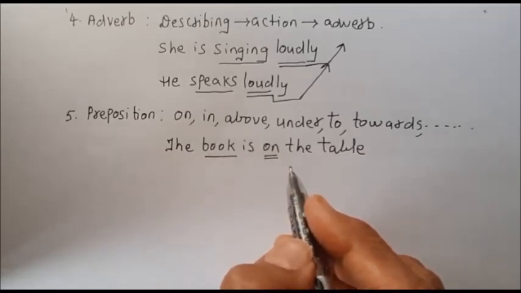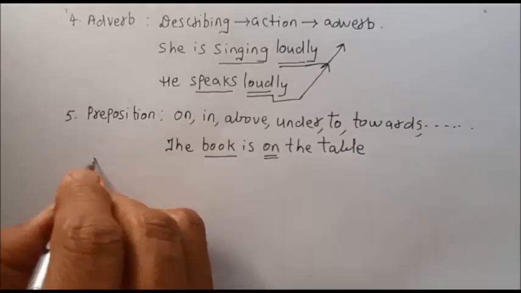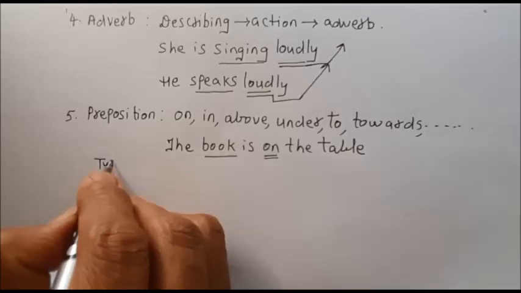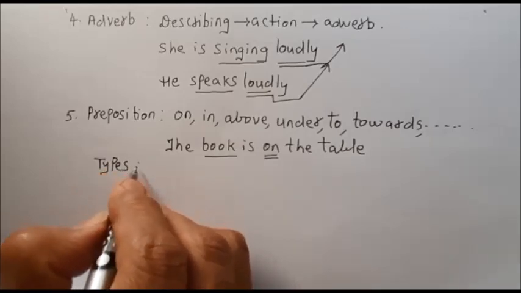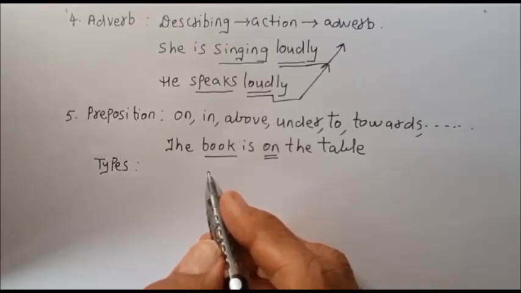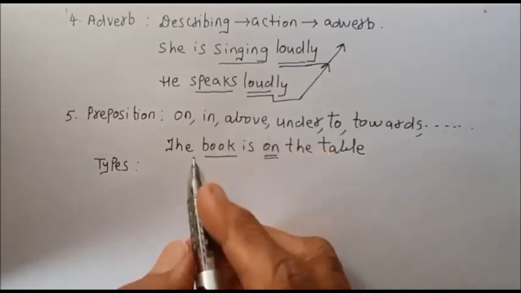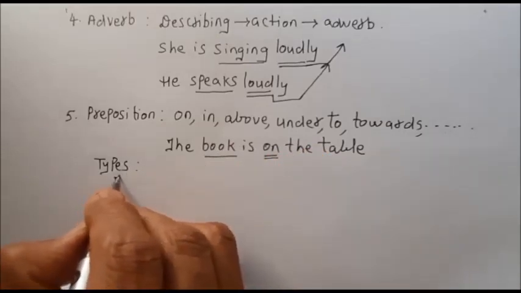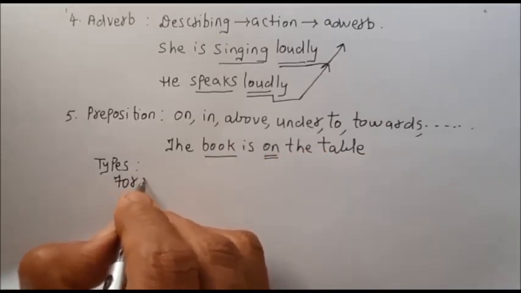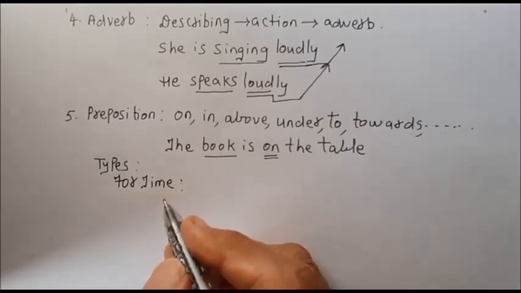So let's see a few types of prepositions. There are once again many, but you can use the same ones for different types of preposition. For example, first is a preposition that we can use for time. Now which prepositions can you use for time?